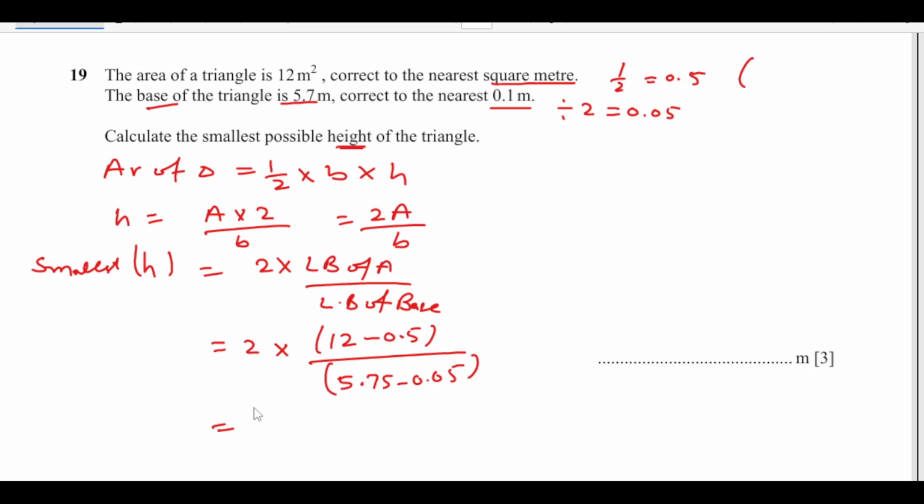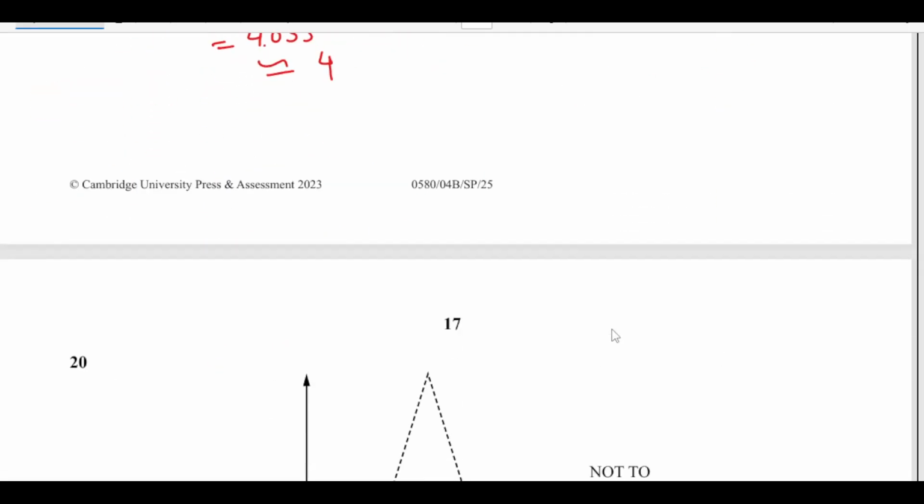Yeah, this is 4.035, so approximately equals 4. So we will write down 4. Okay, that's the lowest possible value.